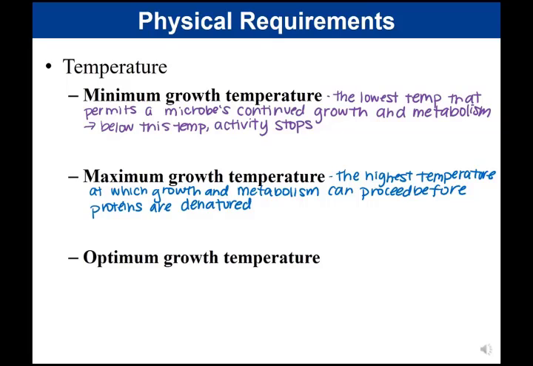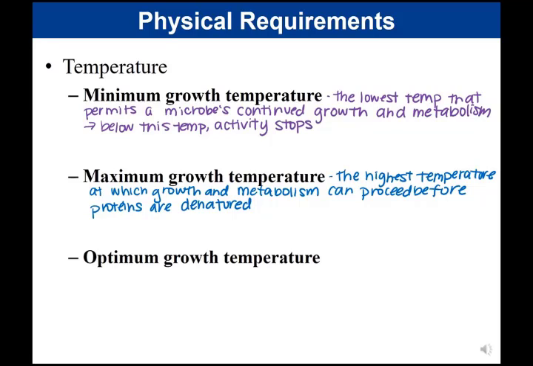If the temperature goes above that maximum, not only will it inhibit their growth, but in many cases it will kill the bacteria. Because at those high temperatures, the proteins denature, which means that the proteins unfold. And if those proteins denature, that causes holes in the membrane, and the cell will die as a result.